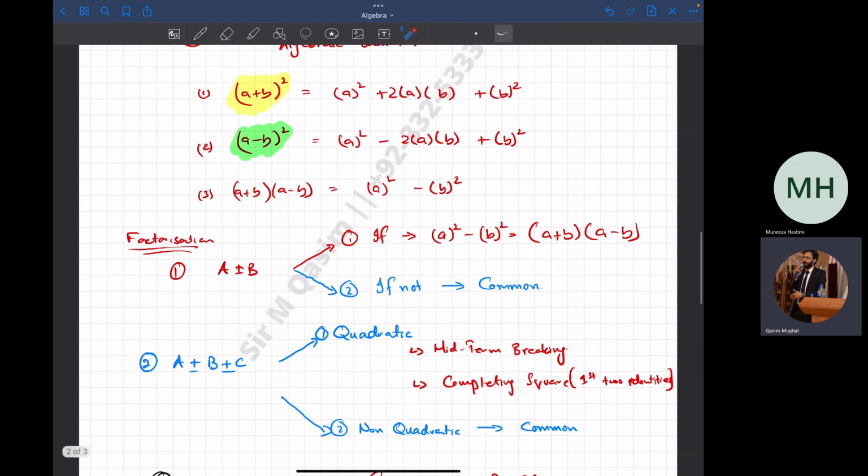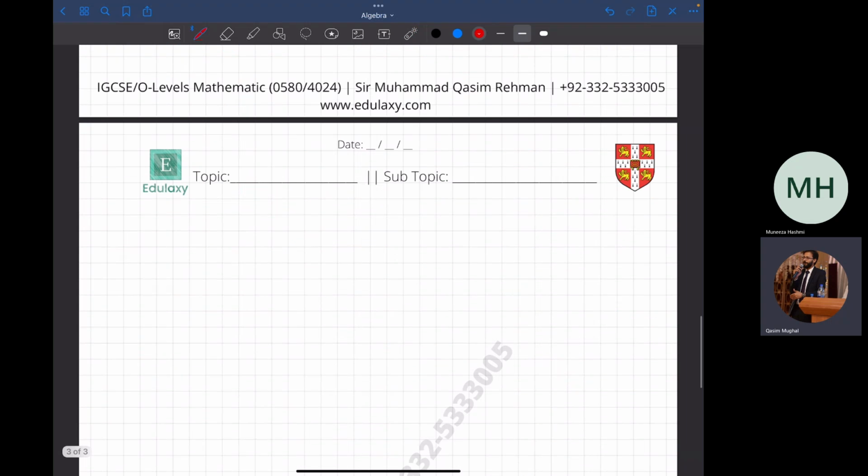So I'm going to do this one first, where you've got two terms, and you can rewrite them as the difference of squares. For example, you have p to the power 4 minus 16q squared. The examiner is asking me to factorize it, so I need to rewrite it in factor form.